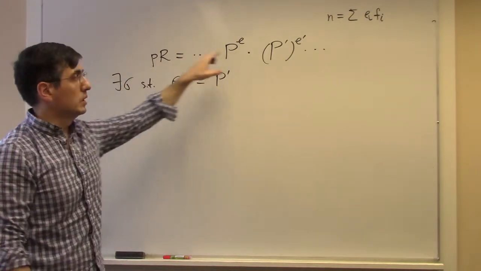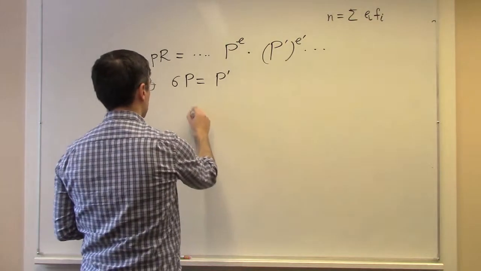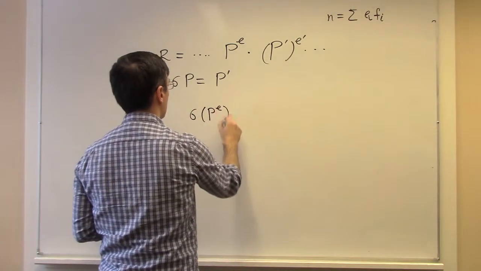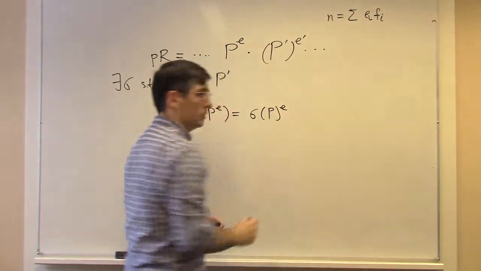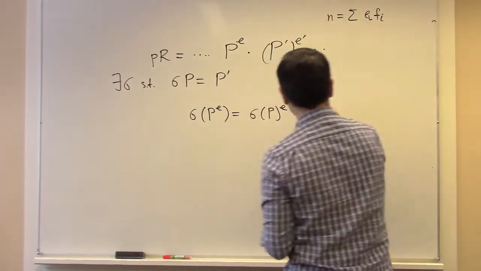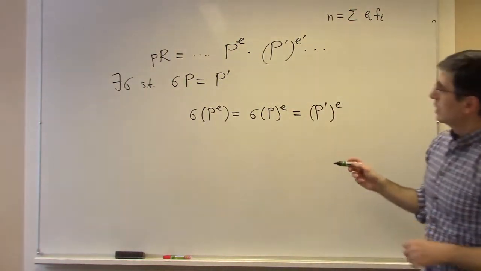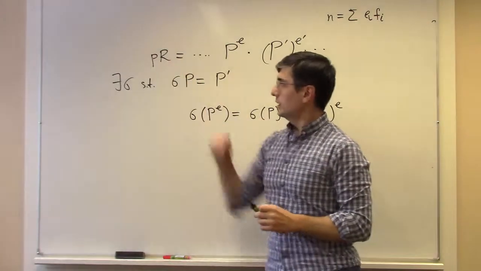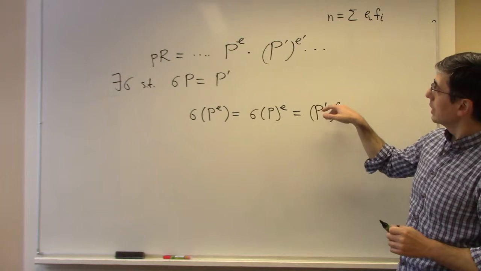Now apply sigma to everything here. Well, sigma(pR) is equal to pR, of course, and now the right-hand side is P prime^E. So the left-hand side didn't change, but the right-hand side changed to P prime^E.